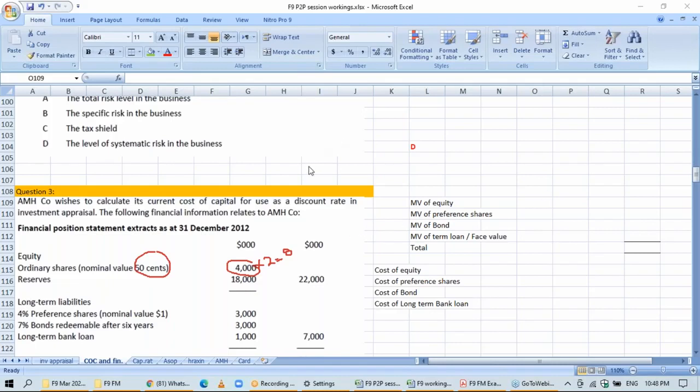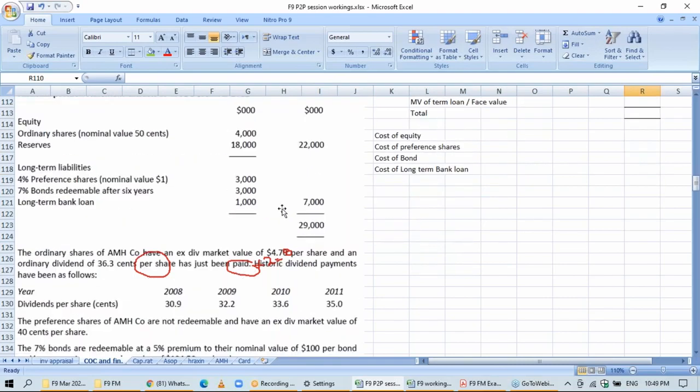So in total there are 8 million shares. I'm taking dollars in thousands, and the share price is $4.7. So this gives you the market value, 37,600. The 4.7 is given in the question. I've picked it from the first line, immediately beneath the balance sheet, that it is 4.7.